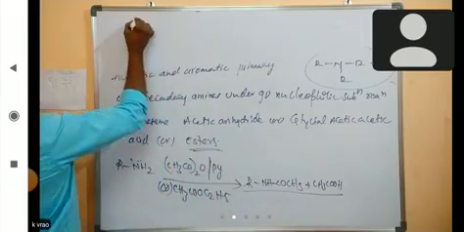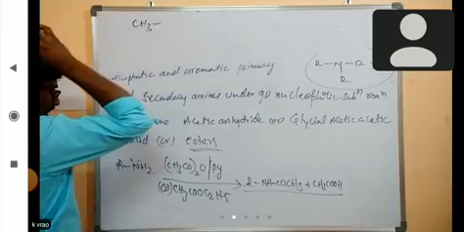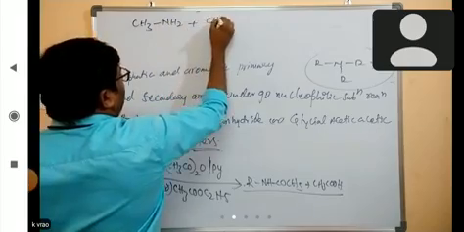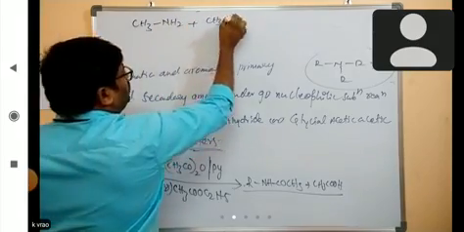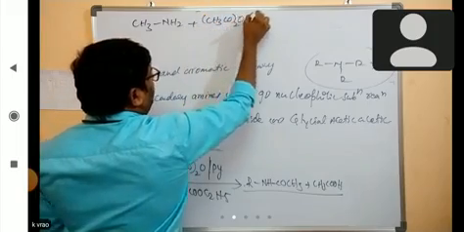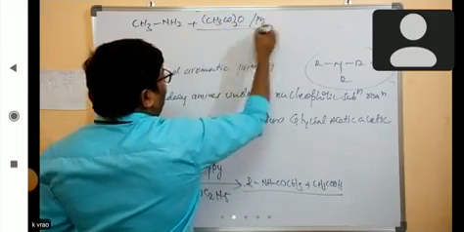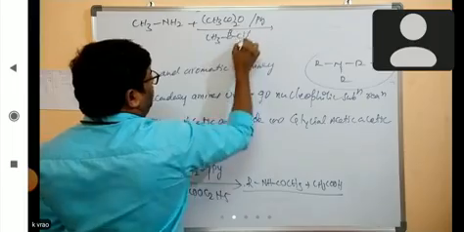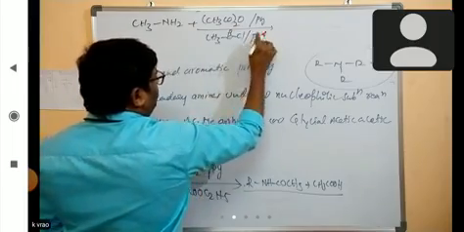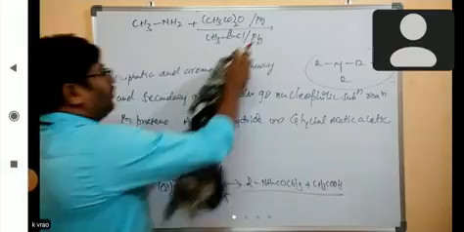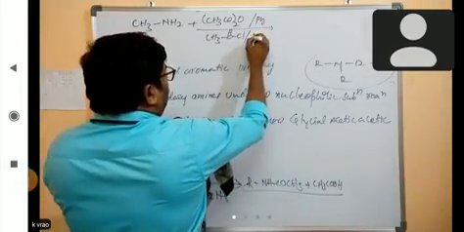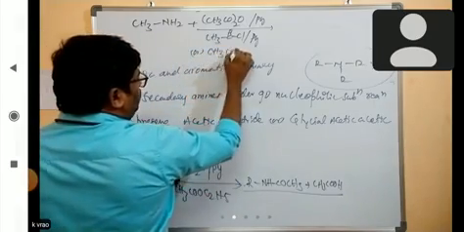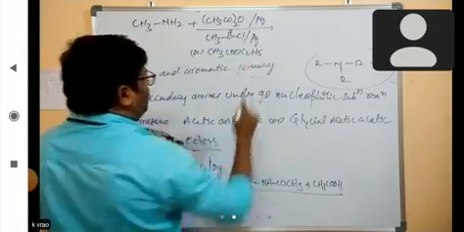RNHCOCH3. If R is a methyl group, CH3NH2 plus acetic anhydride (CH3CO)2O with pyridine, or we can take acetyl chloride CH3COCl with pyridine, or ester CH3COOC2H5.